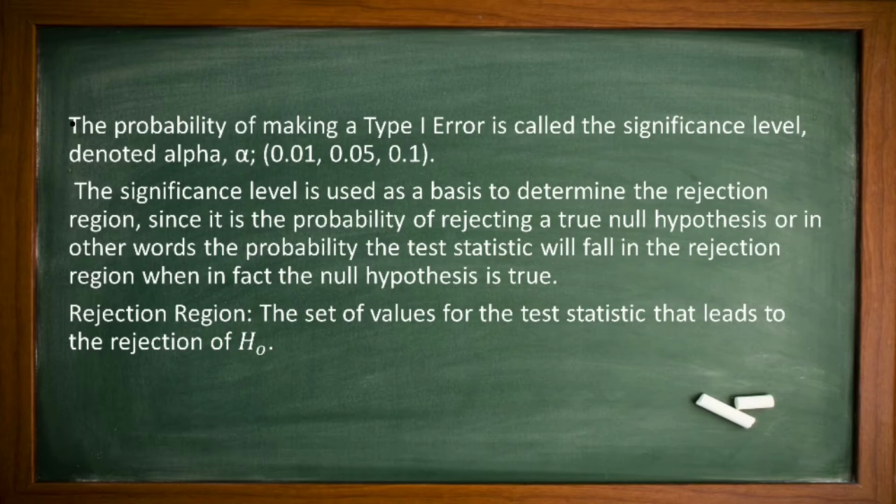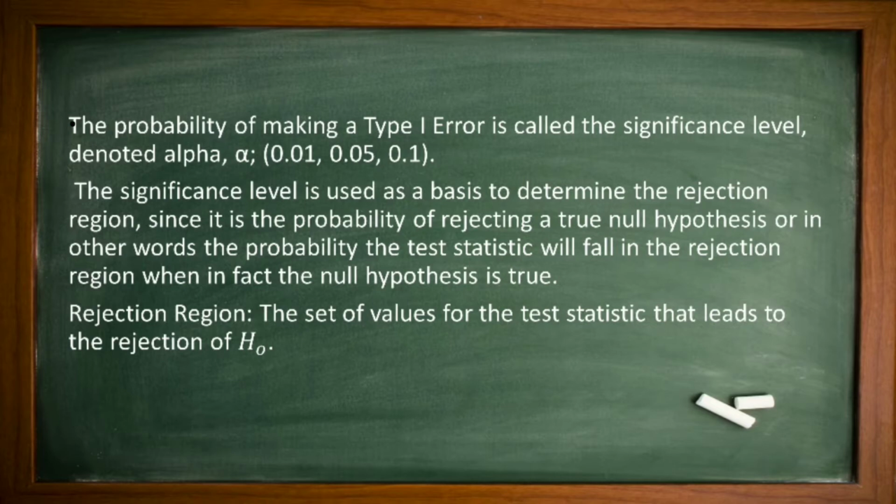Okay, so since it is the probability of rejecting a true null hypothesis, or in other words, the probability the test statistic will fall in the rejection region when in fact the null hypothesis is true. So we have the rejection region.